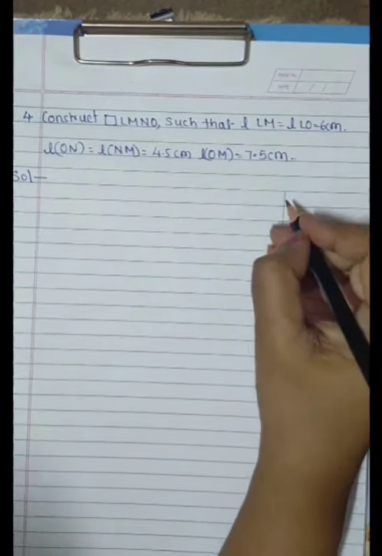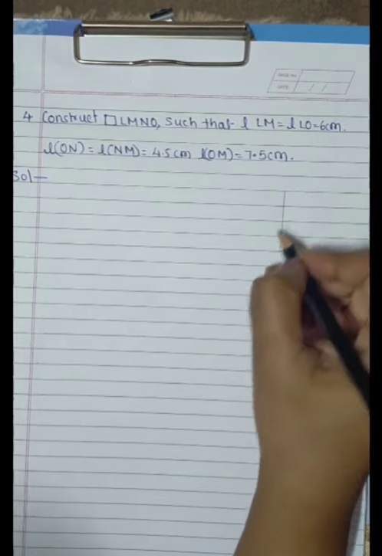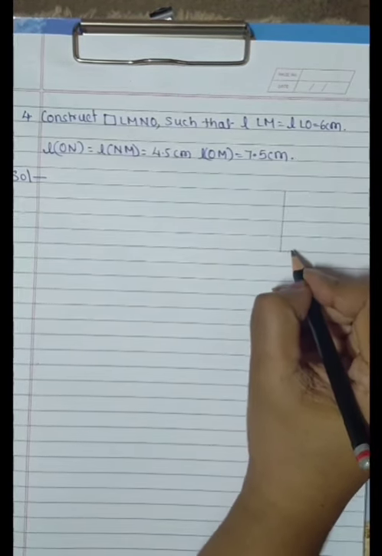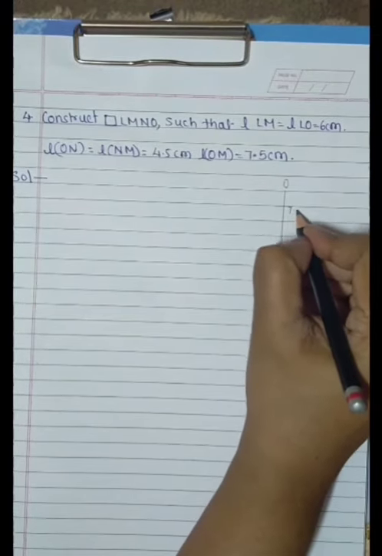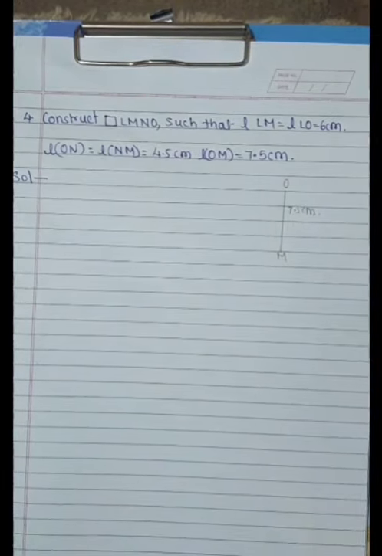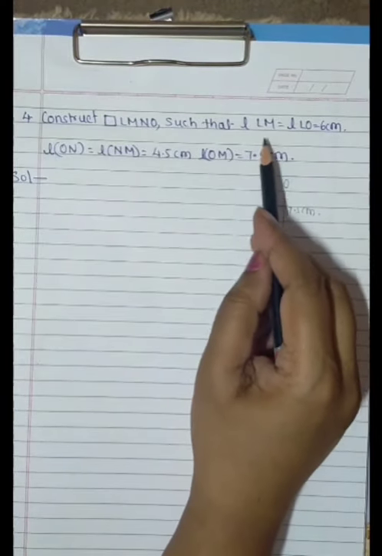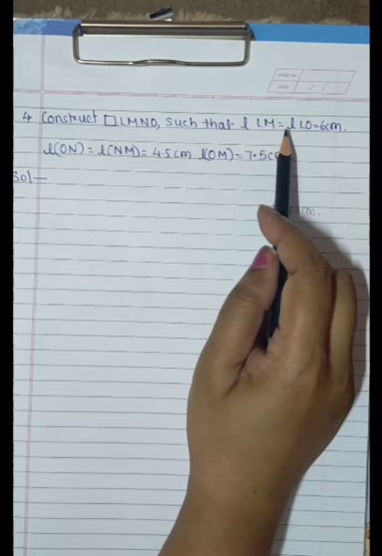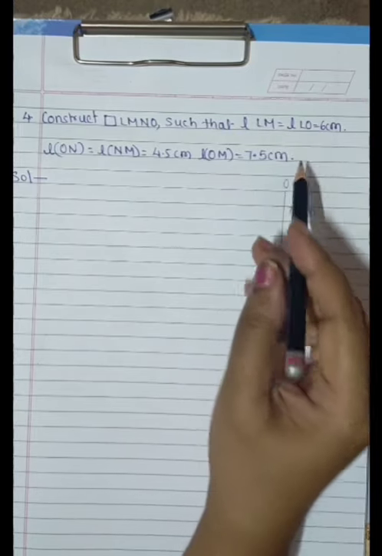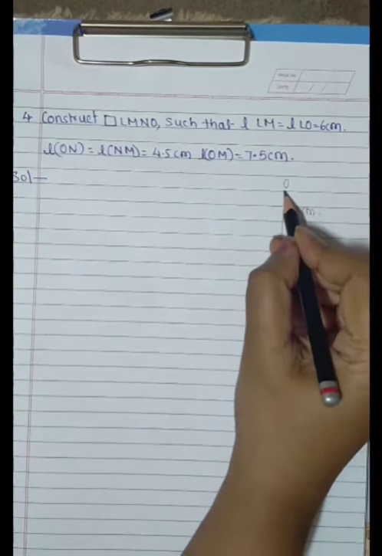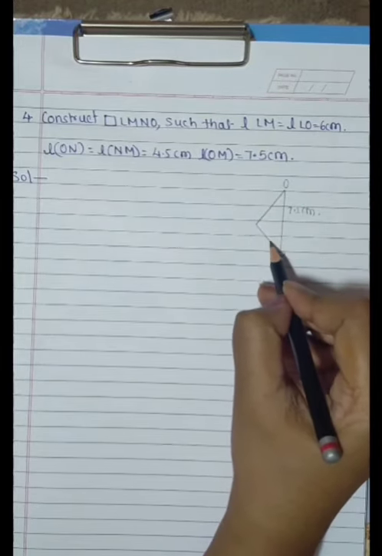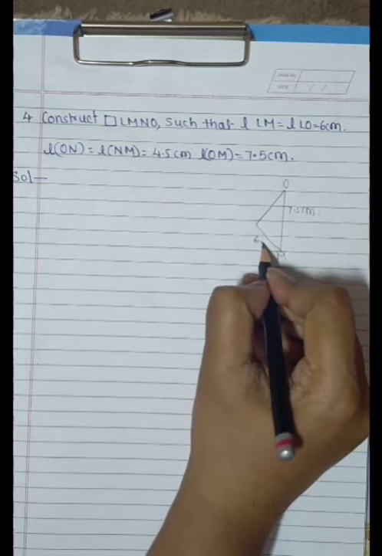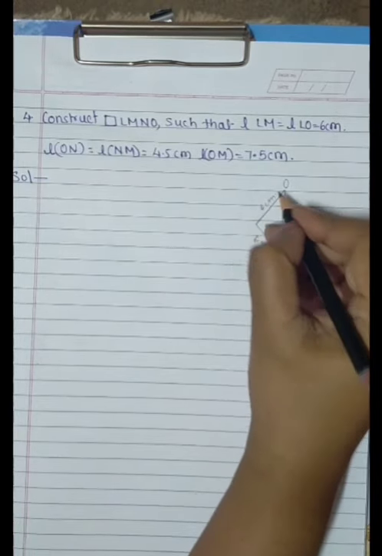Suppose this is our MO, that is 7.5 centimeter. Okay, now what is given? LM is equal to LO is equal to 6 centimeter. For example, we have taken one side equal 6 centimeter, both sides.